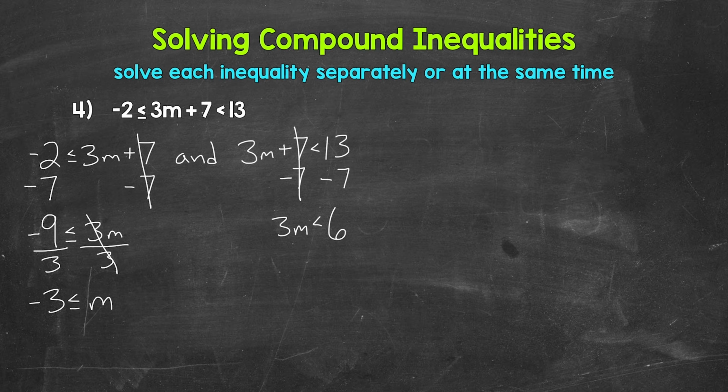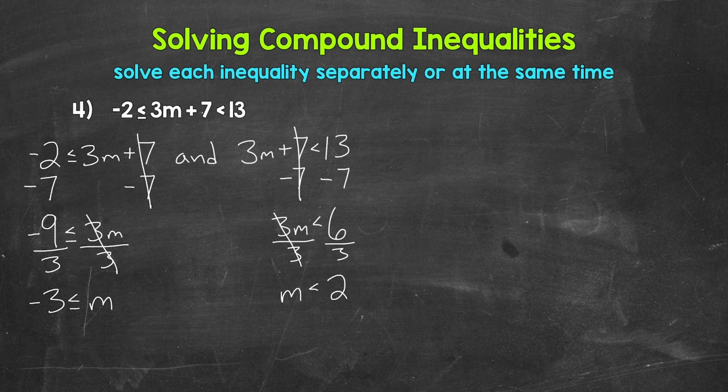So we have 3m is less than 6. We need to undo the multiplication using division. So divide the left by 3 and then the right by 3. The 3's on the left cancel each other out. So m is now isolated. M is less than, and on the right, 6 divided by 3 is 2. So we end up with m is less than 2.